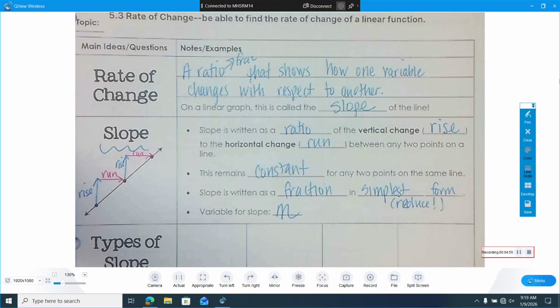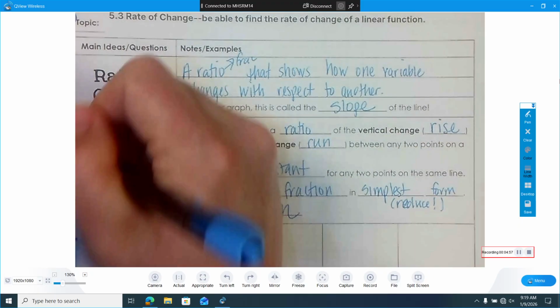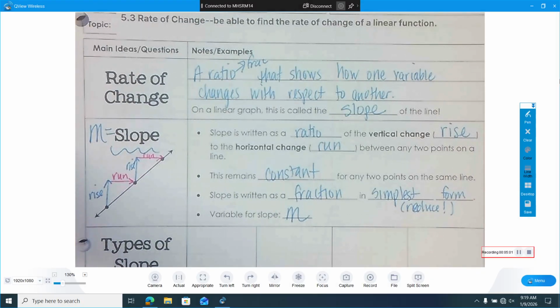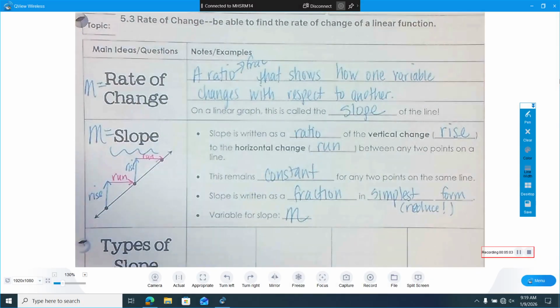So we use this letter m to represent slope. M equals slope, which also equals the rate of change. They all are the same thing. That comes from the word modulus, which in mathematics is a thing that means how we multiply things.